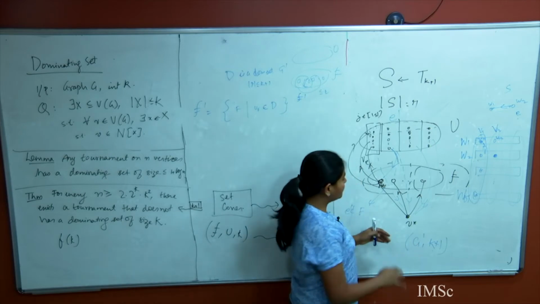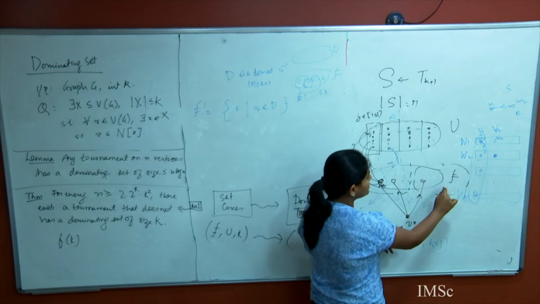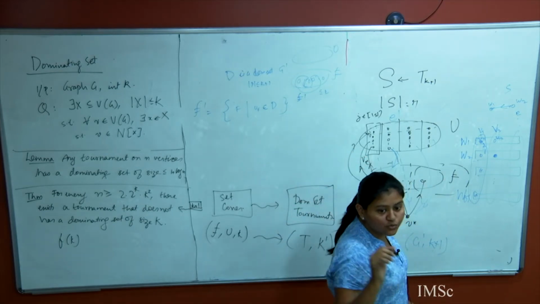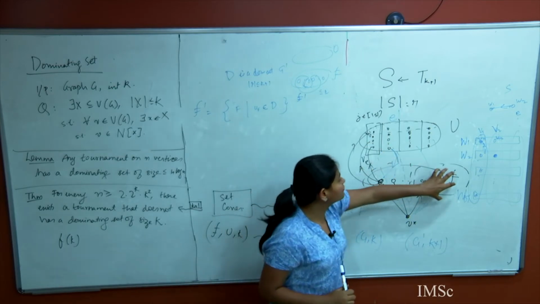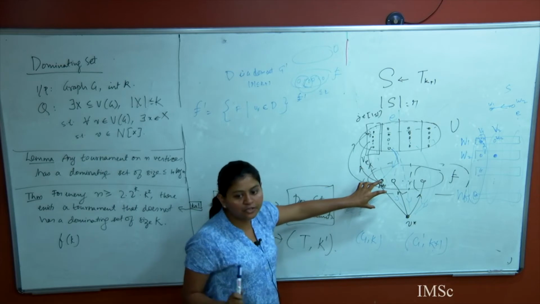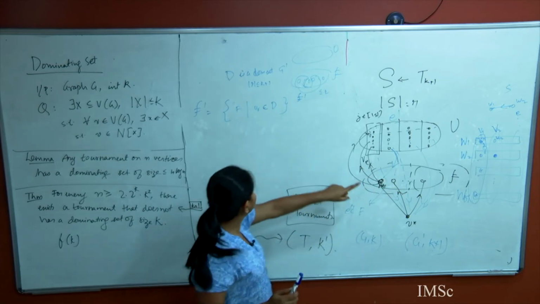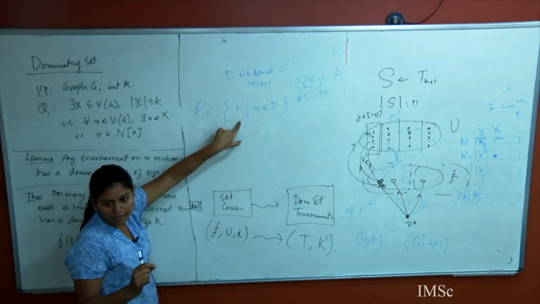So V star can be dominated either from here or here. It cannot be these vertices UL, which means that there is at least one vertex outside of this thing which is responsible to dominate V. Look at that vertex: corresponding to that vertex, I have not added any set in my family.